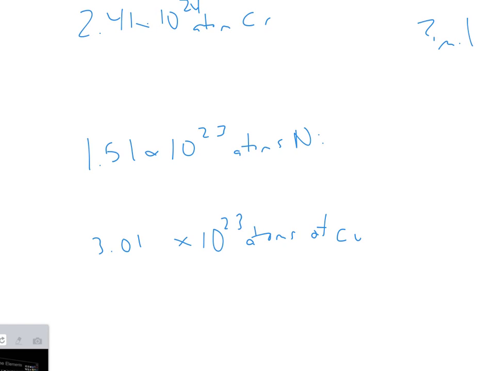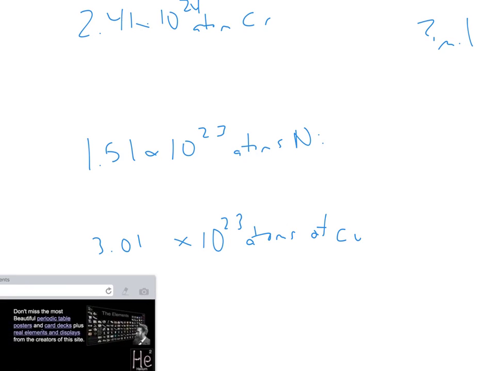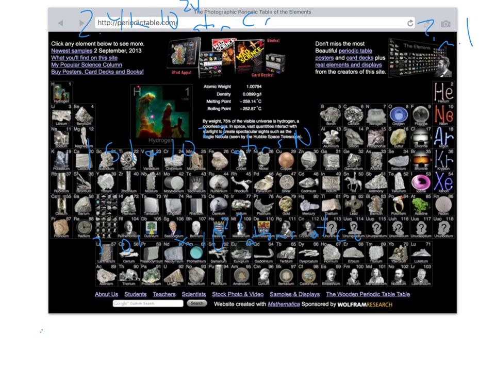So your first inclination might be to look this up on a web browser and say, oh, nickel. Okay, I'll look up the molar mass of nickel, or copper, let's say, which is right here.